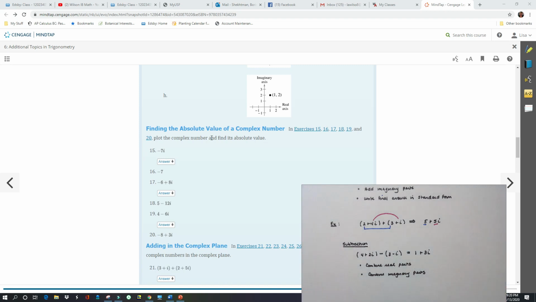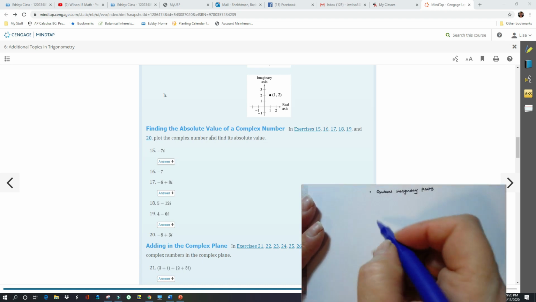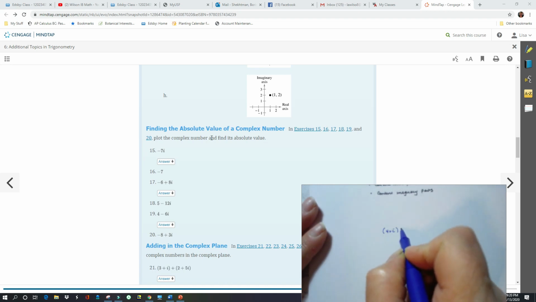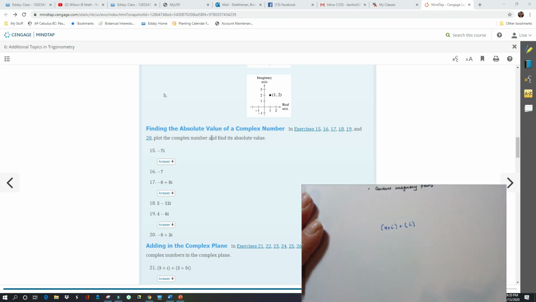So that's it. Maybe we want to do 4 plus i plus i. Well, hey, I've got a real part and an imaginary part here, but only an imaginary part here. No, you have a real part here. It's just 0.